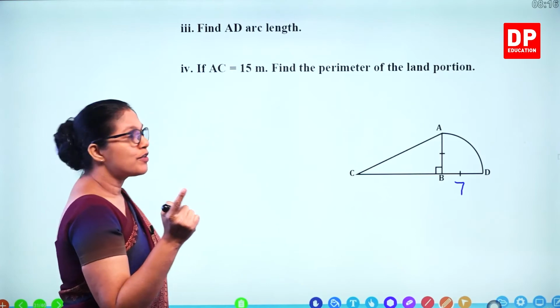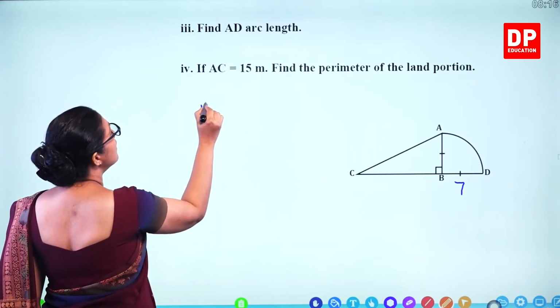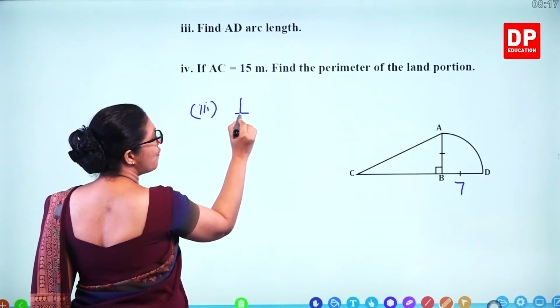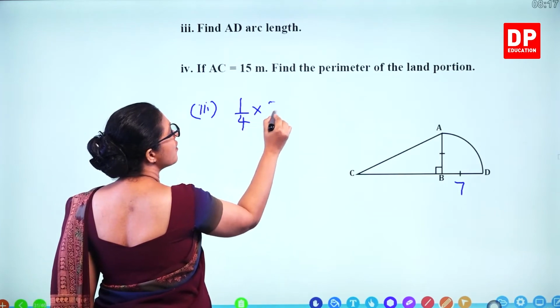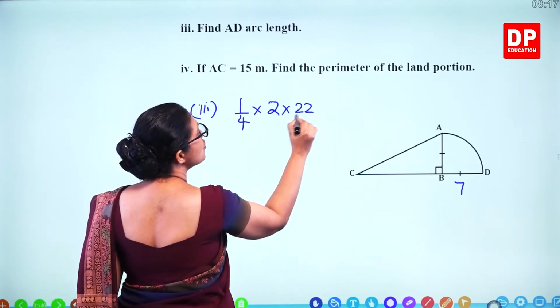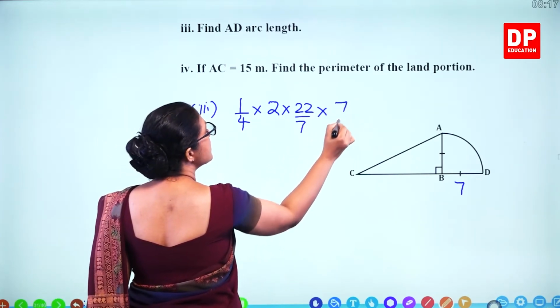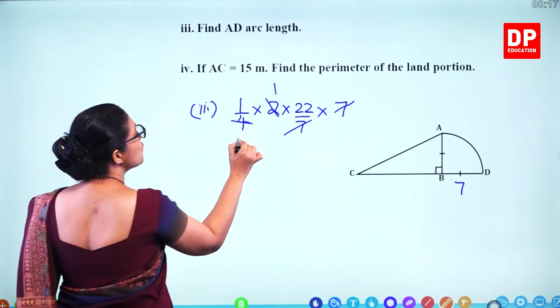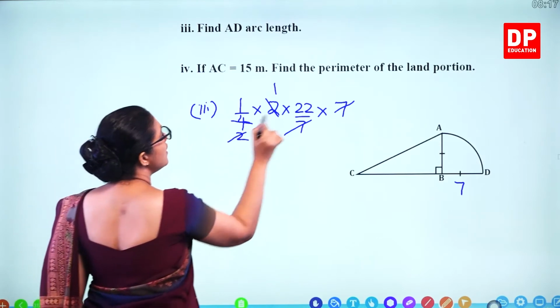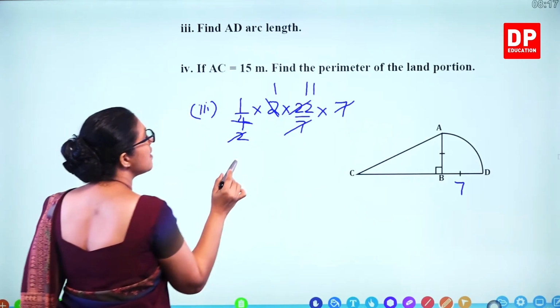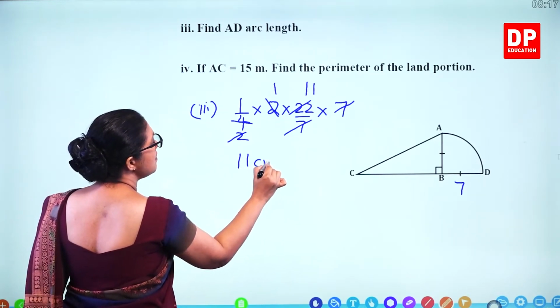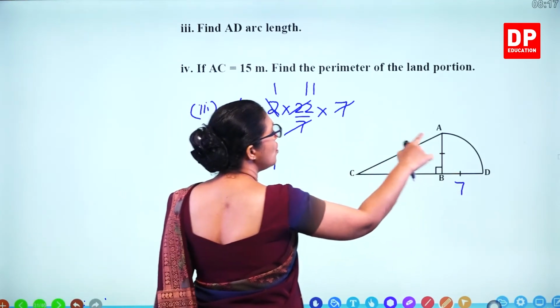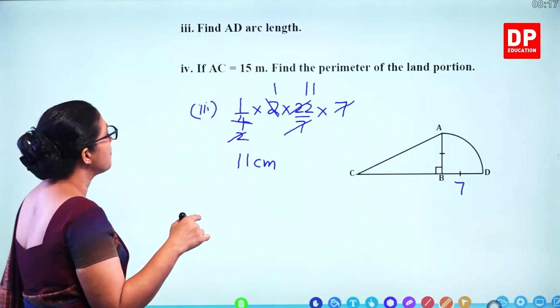So how do you find the arc length? Again 1/4 into 2 pi r. 2 pi is 22/7. Radius is 7. 7 get cancelled out. This 2 and this 4. You get 2. 11 is the answer. So 11 centimeters. So this part is also 11 centimeters.